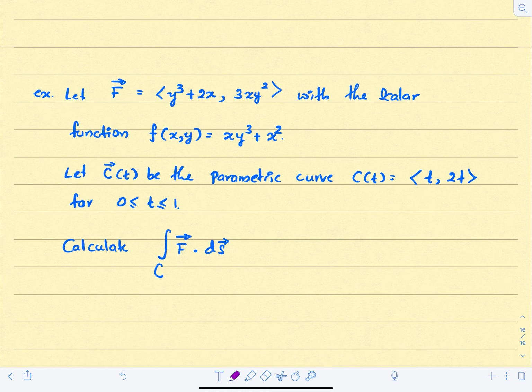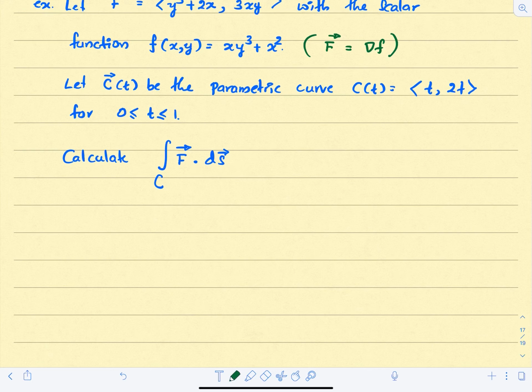So in other words, if you calculate the gradient of this function, it should be equal to the given vector field F. Now we have a parametric curve c of t that is defined using this parameterization, and our goal is to calculate this line integral using the fundamental theorem for line integrals. So let's apply this theorem.